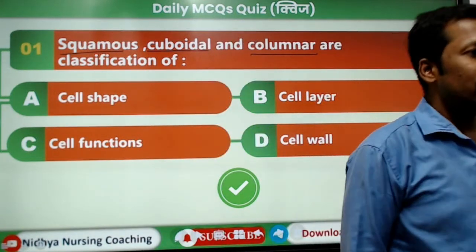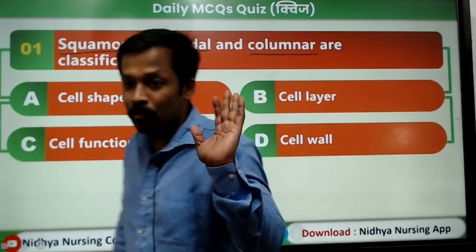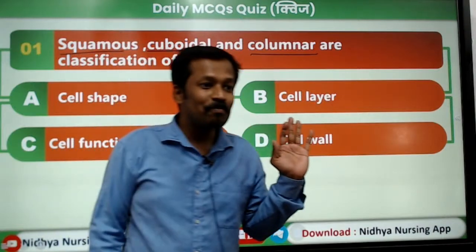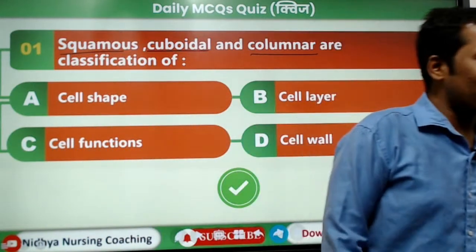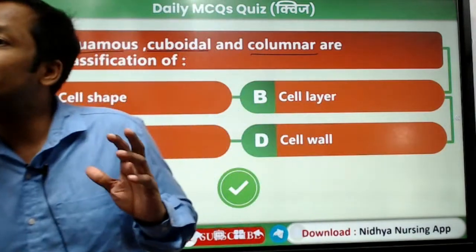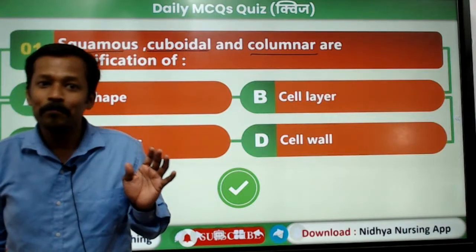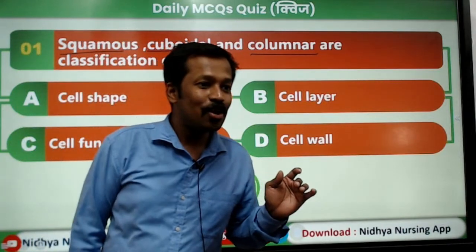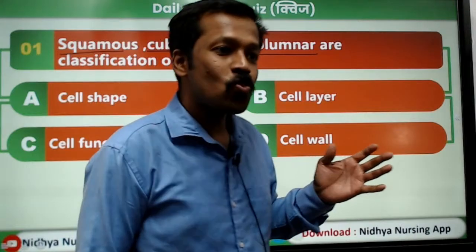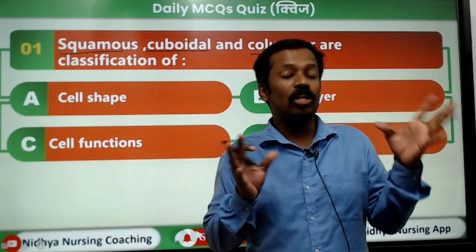Okay, got it? So we know that cells, what are the types of cells? Eukaryotic cell, prokaryotic cell, cuboidal cell, columnar cell, muscular cells, unicellular organisms.